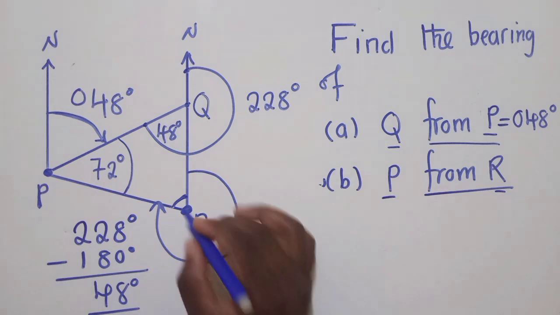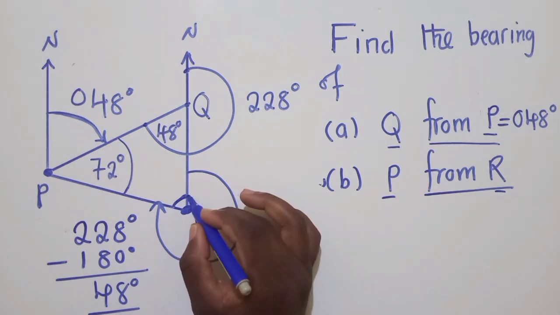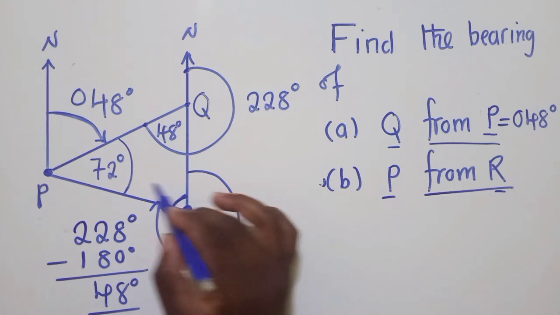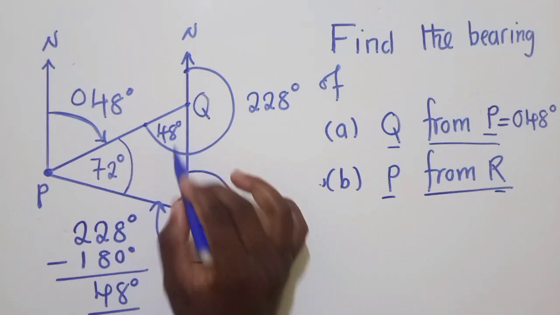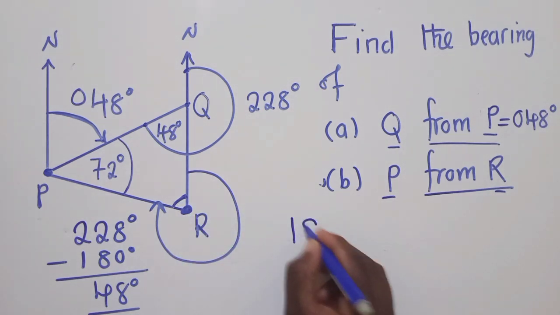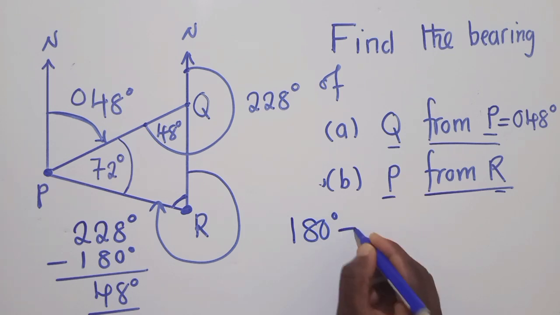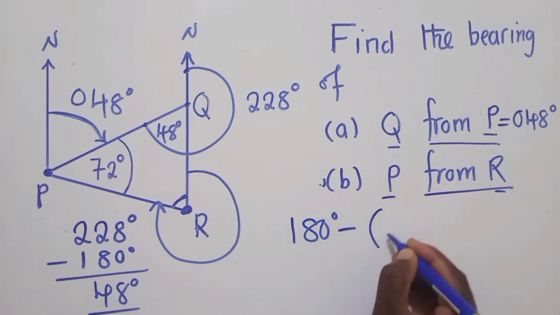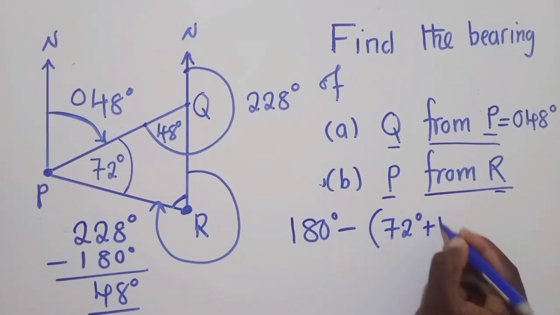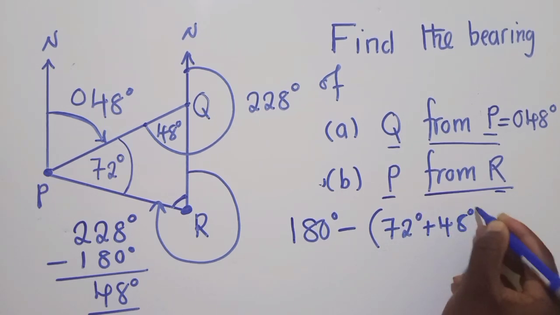So to find this angle, if you're able to see, we shall use the property of a triangle, which says that this angle plus this angle plus this will give us 180. So we're going to say 180 degrees minus 72 degrees plus 80 degrees.